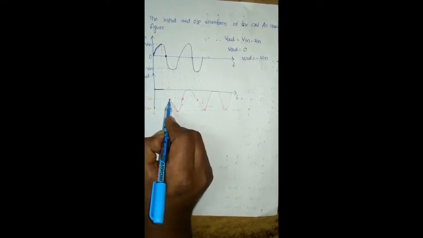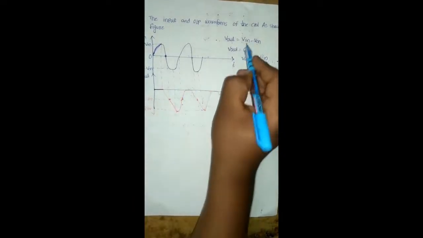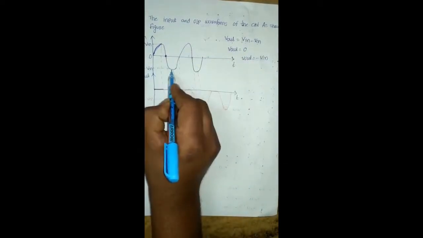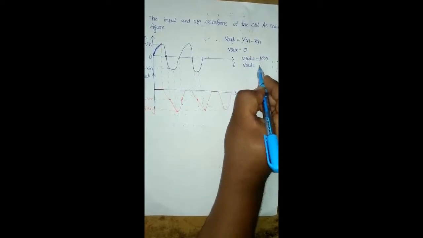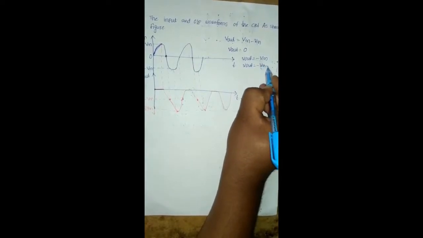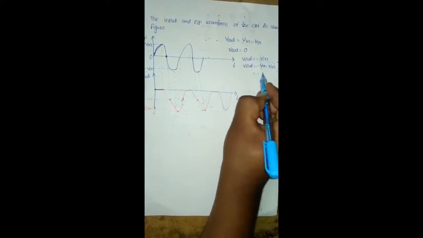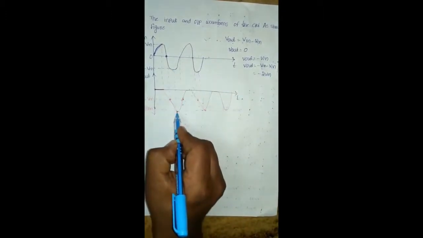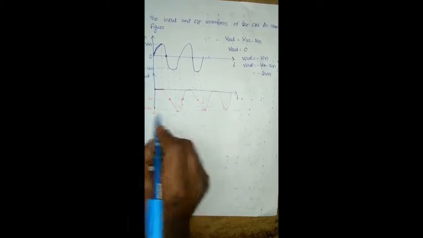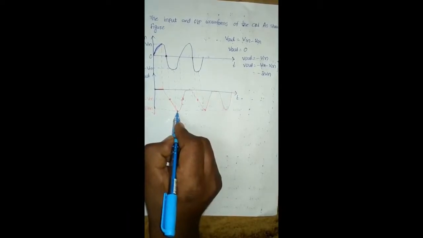Okay, for example, the input voltage V equal to minus Vm, then we are getting the output voltage of the negative clamper circuit as minus Vm and minus Vm, then we are getting minus 2 Vm. Therefore here we are getting the output voltage of the negative clamper circuit as minus 2 Vm. Clear?